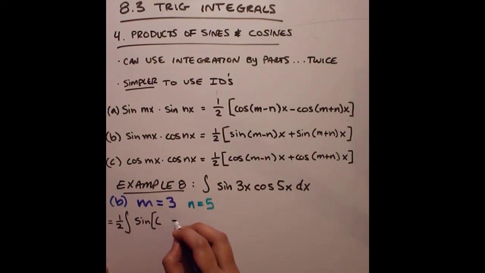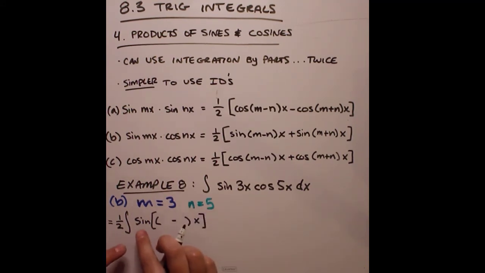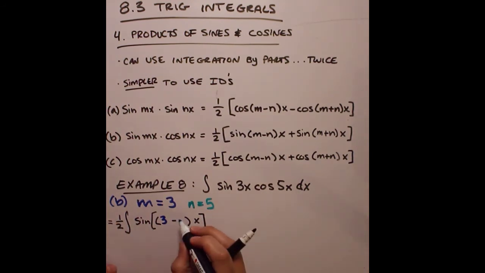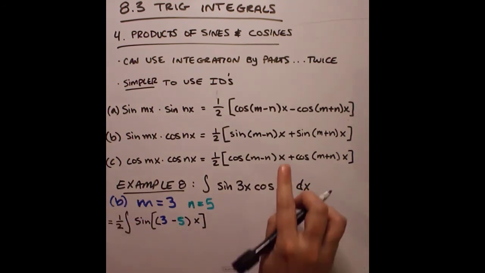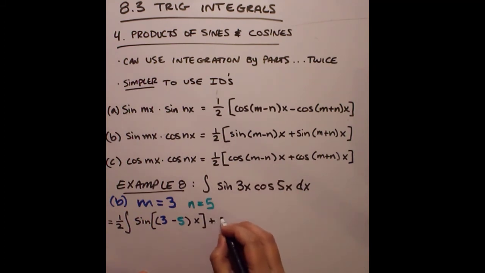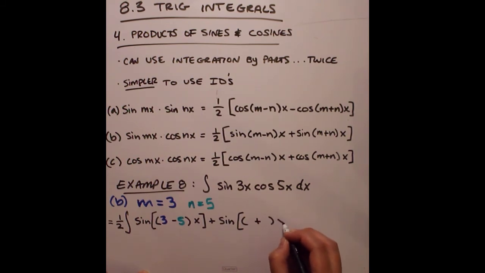You are subtracting, yes, timesing by x, but all of that is part of the sine's argument, so make sure you don't think the x is separate out there. So m minus n, and then from our formula, plus sine of m plus n times x. So 3 plus 5. And this was our integral, so dx.